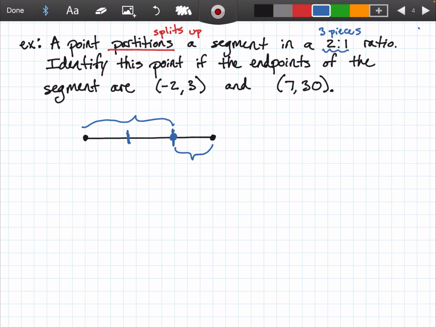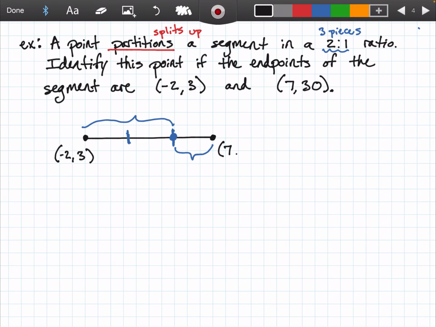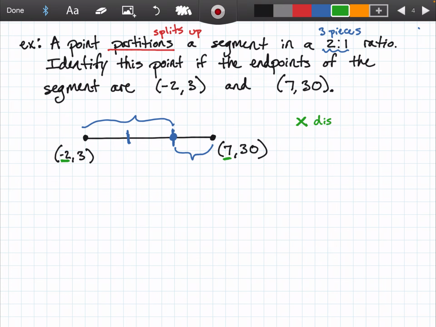So I am looking for the coordinates of this point. We're at -2, 3, and we're at 7, 30. All right, well, here's the deal. I'm going to start by taking a look at my x-coordinates. And what is the total distance between my x-coordinates?